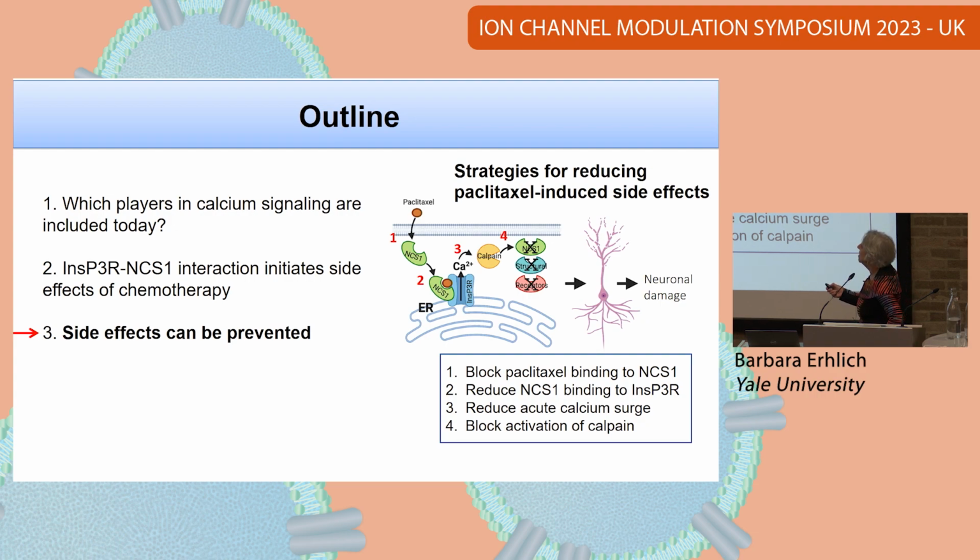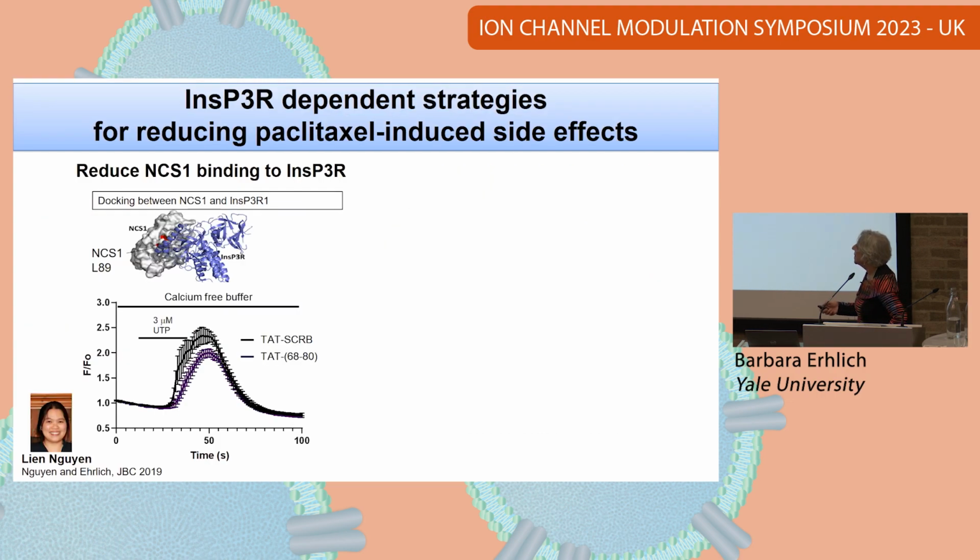So we have to think about the binding between NCS1 and the IP3 receptor and the calcium dump. So we are presently working on this interaction. And because we know the exact location of the binding, we've made a peptide that we made membrane permeable.